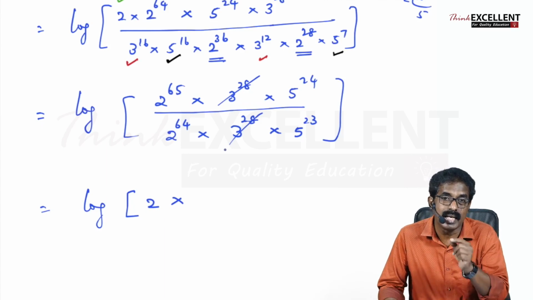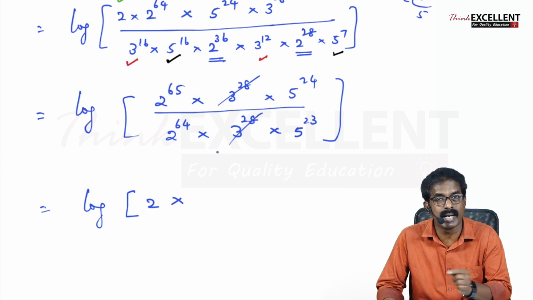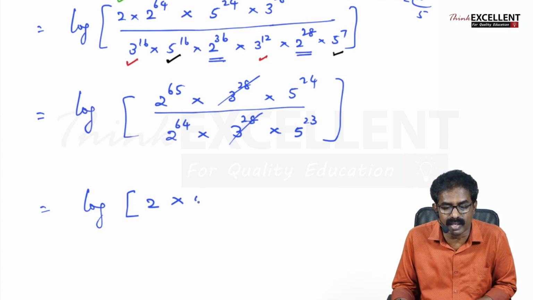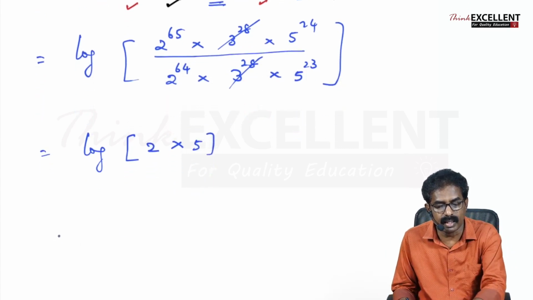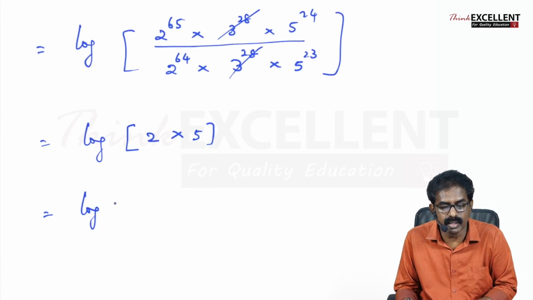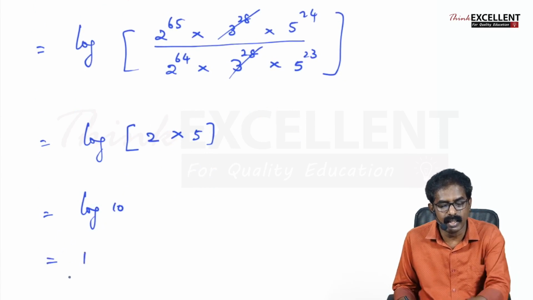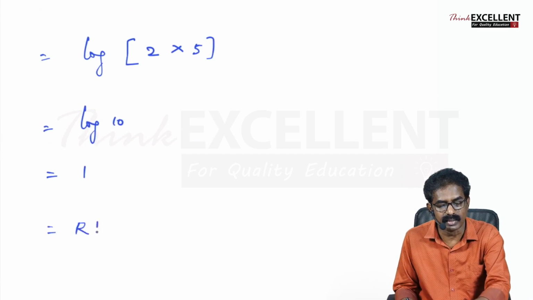Or you can do a raised to m by a raised to n is a raised to m minus n. So 5 raised to 24 minus 23, it is 1. So 5 raised to 1 is 5. You are getting log 2 5s are what? 10. Base is 10. So the answer is what? 1, and that is our RHS.